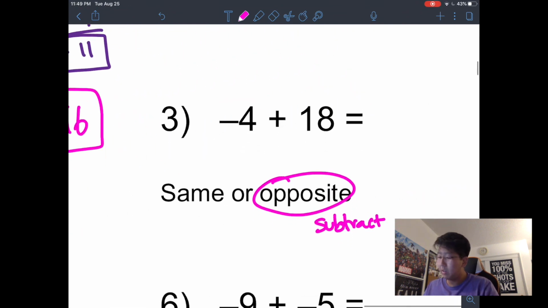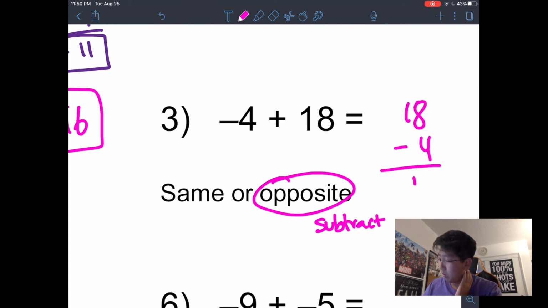Number 3, negative 4 plus 18, they're opposite, so we're going to subtract. We're going to subtract from the larger number, or the number further from 0. That's 18, so we're going to take 18 minus 4. We get 14, and the number is going to be positive, so we're going to keep it positive.